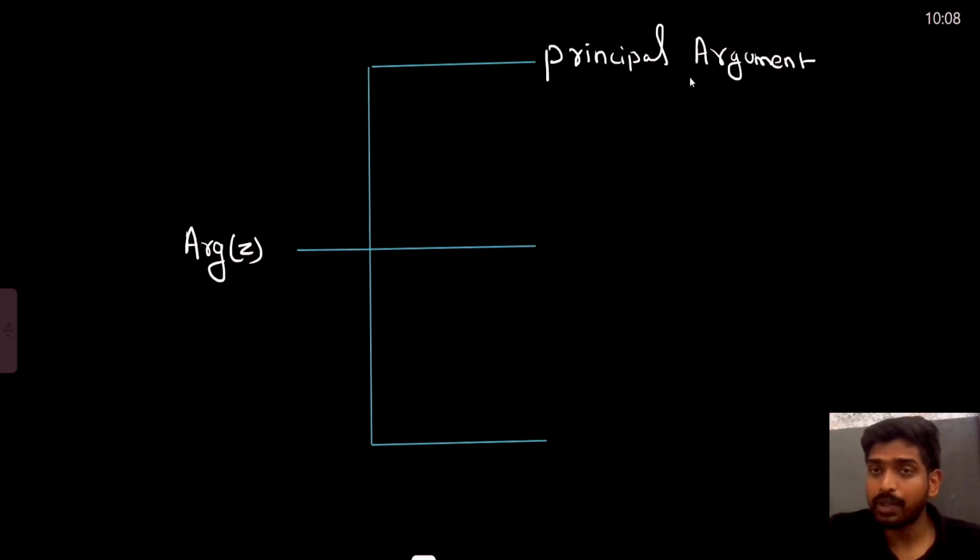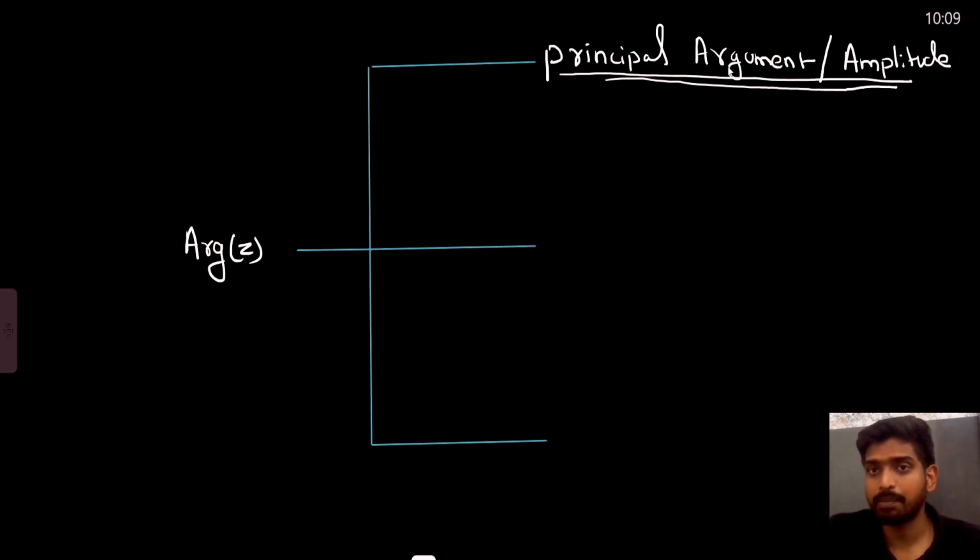This principal argument only is known as amplitude. Amplitude of a complex number and principal argument of the complex number are same. Now, if in the question they didn't mention what type of argument they're asking, then by default you will assume that they're asking the principal argument or the amplitude.